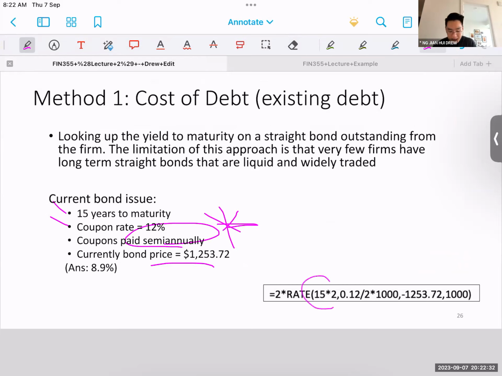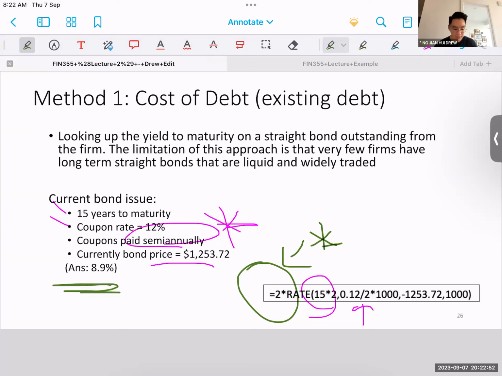Your number of years you must times 2, remember? This is going back to your time value of money. Your coupon rate you must divide by 2, right? Times 1,000. And then at the end of it, your rate you must multiply by 2. This is very important. Most people forget about this, in order to calculate your yield to maturity, YTM.